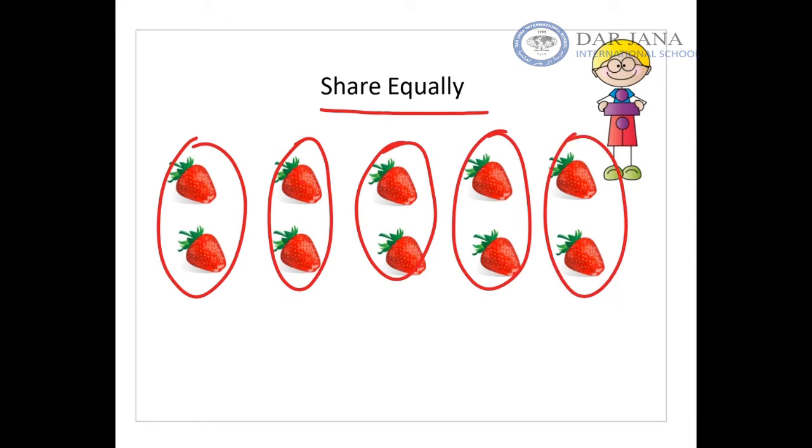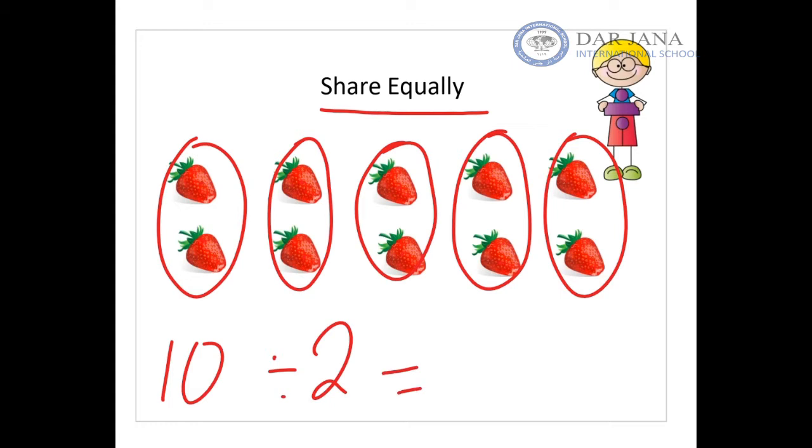Do I have any more strawberries left with me so I can share them in a cup? No. So I'm going to write my division sentence. I have 10 strawberries that I want to share. Every time I'm taking 2 strawberries.